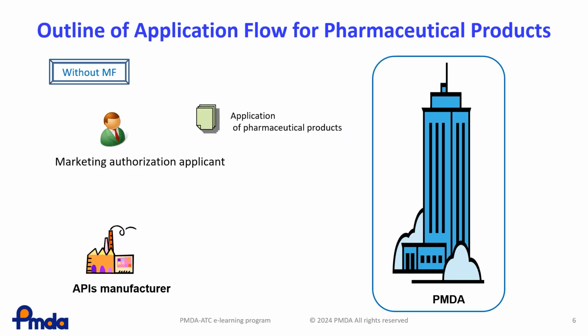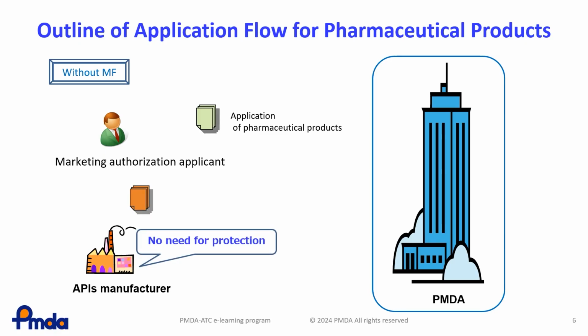Next, let's learn the difference of the application process with or without use of the master file. This slide illustrates the flow of the application without the master file. As explained earlier, the application dossier of the pharmaceutical products must include the manufacturing method, specifications, and test methods of the API.